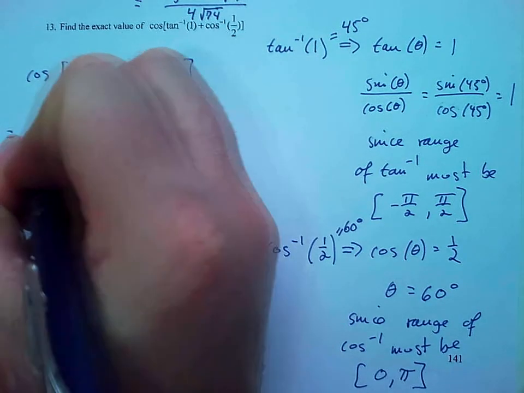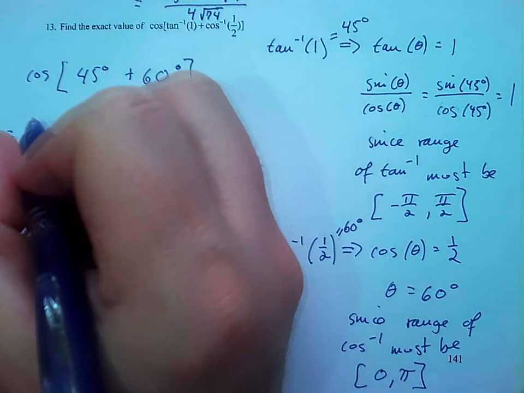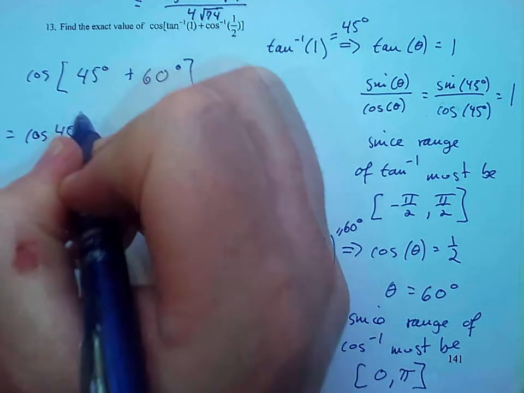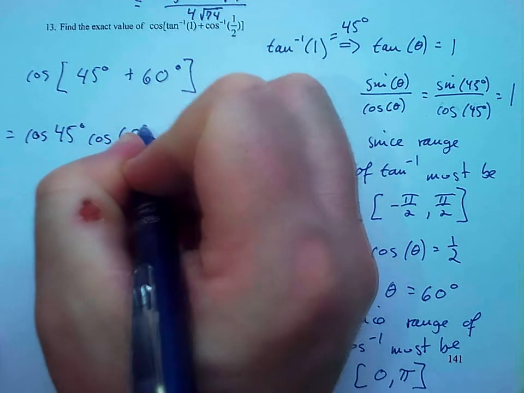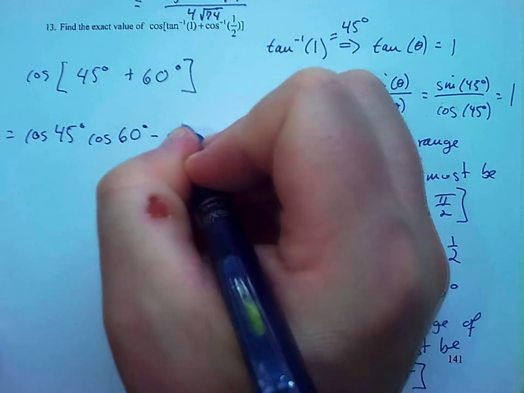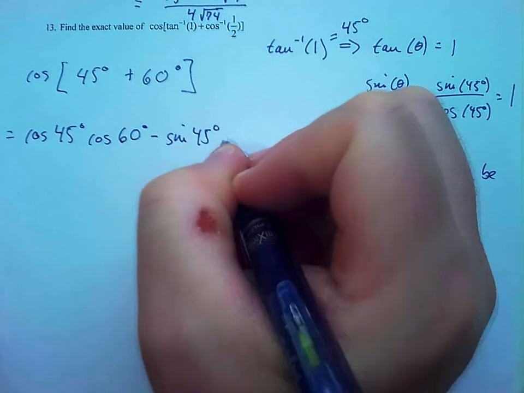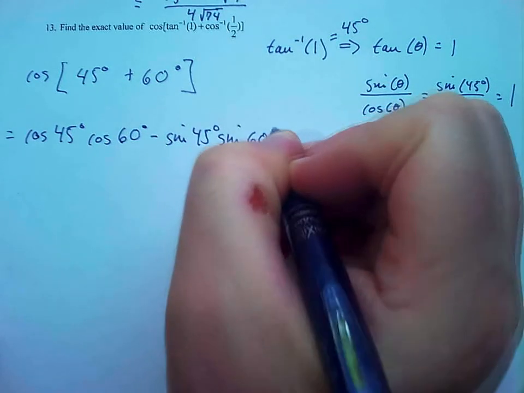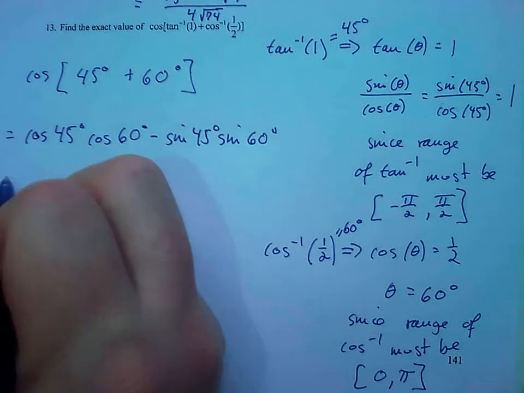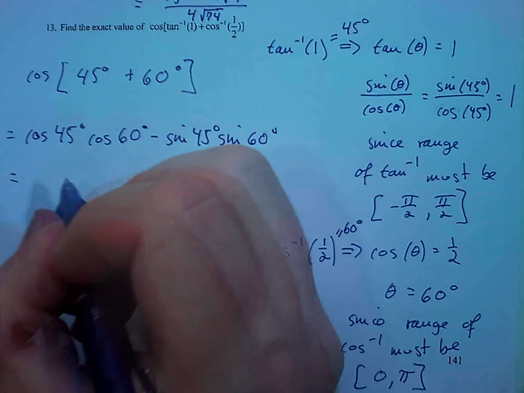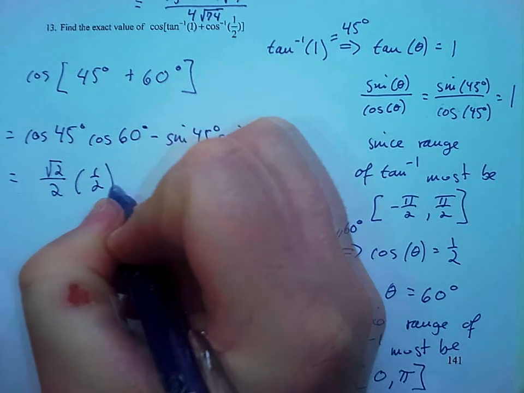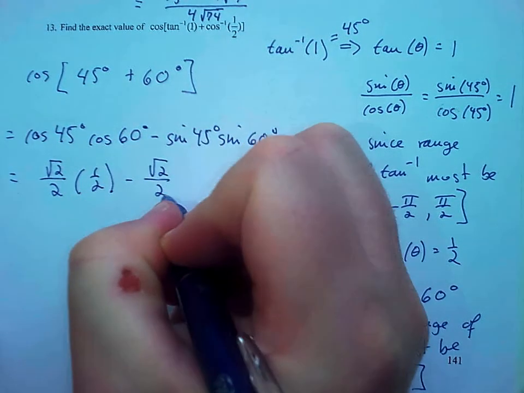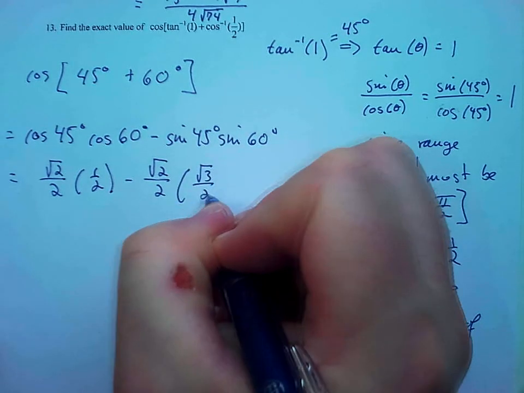And we know that using the identities from this section, this is going to become the cosine of 45 degrees times the cosine of 60 degrees minus the sine of 45 degrees times the sine of 60 degrees. And using the unit circle, we have that this is the square root of 2 over 2 times 1/2 minus the square root of 2 over 2 times the square root of 3 over 2.